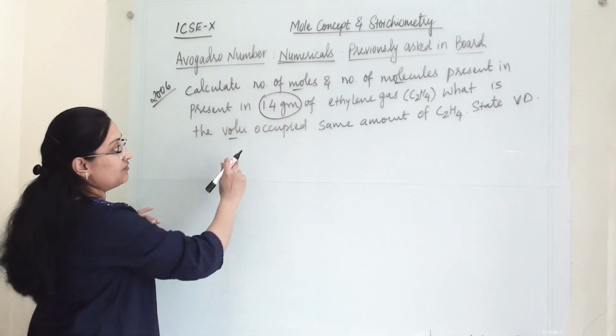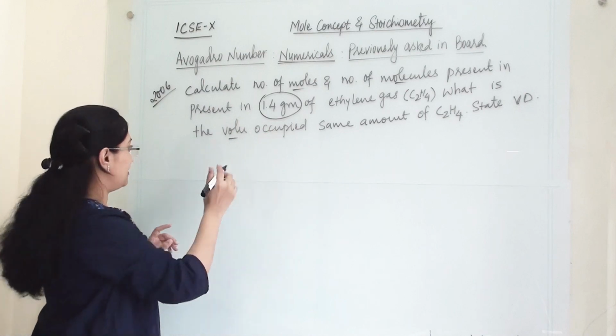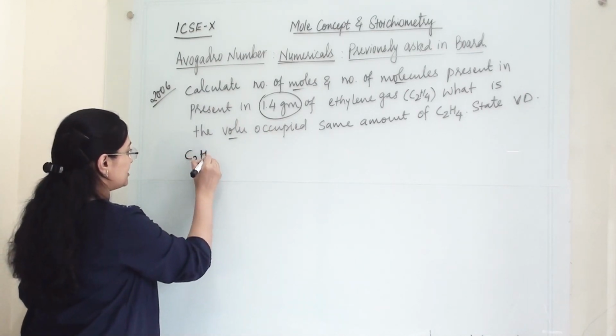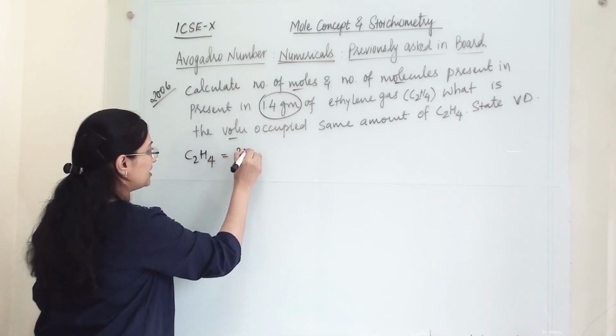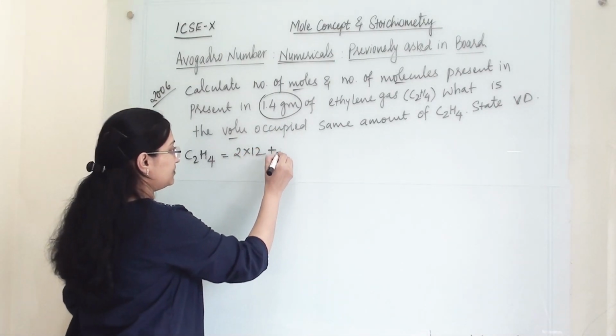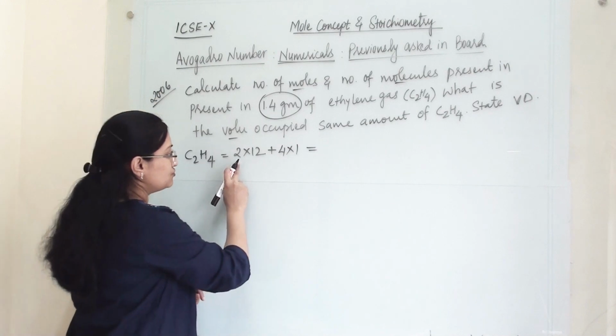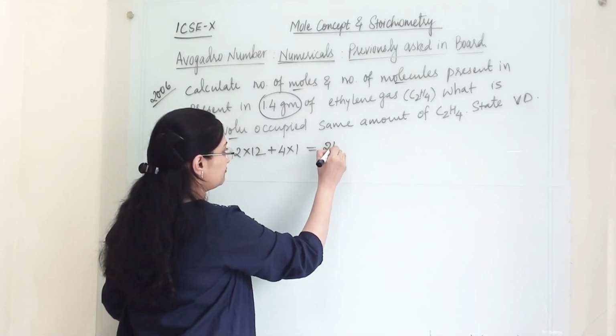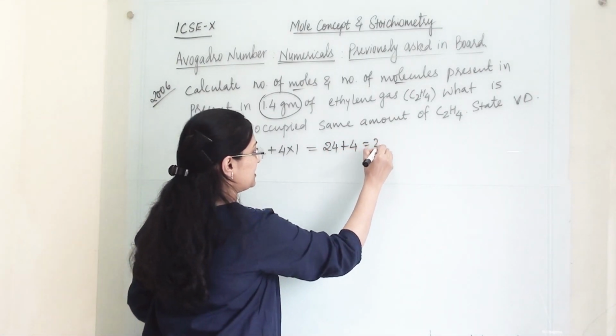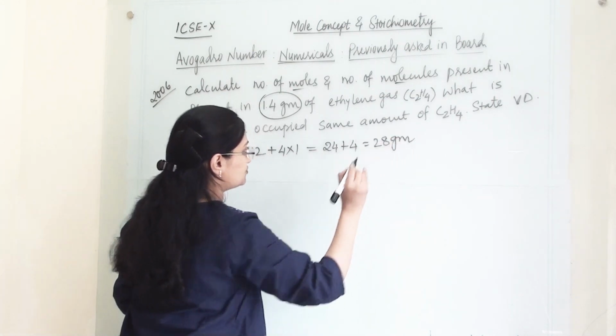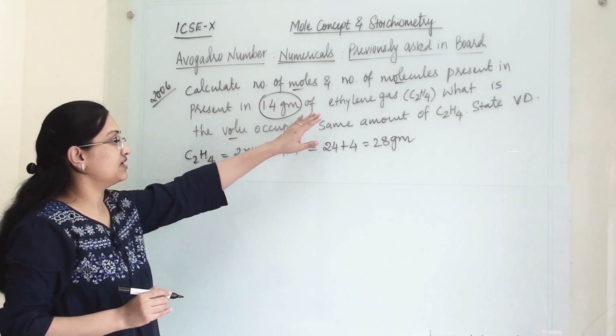So first we will find out the molecular weight. So it is C2H4. We know 2 into 12 plus 4 into 1. So it will be 12 into 2, 24, plus 4, it will be 28 gram. So this will be the molar mass for ethylene gas.